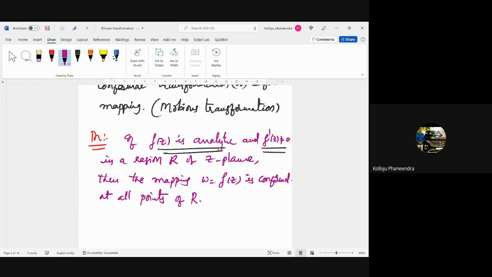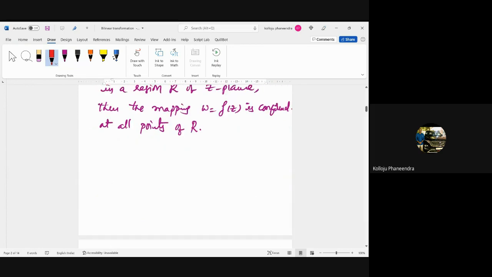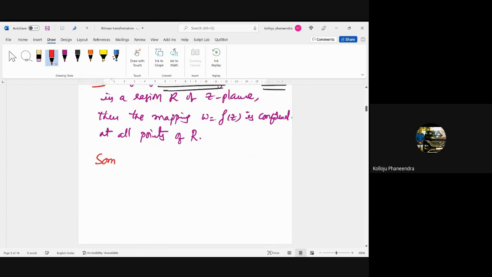Okay. Now, this is about conformal mapping. Now, in this conformal mapping, there are some standard transformations. I will give briefly some standard transformations. What is a standard transformation?